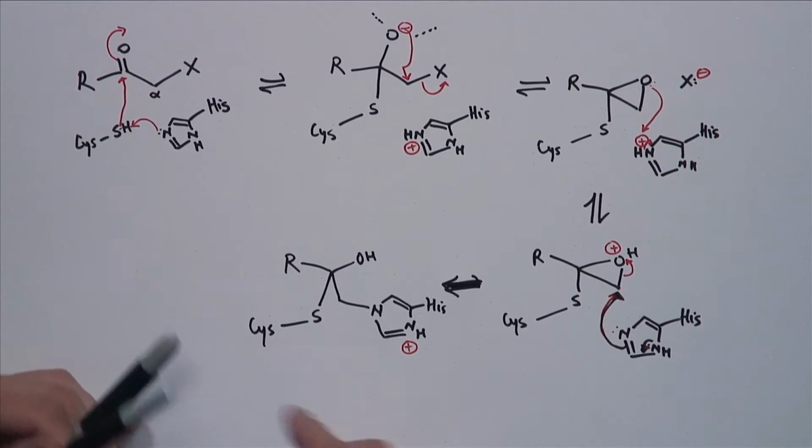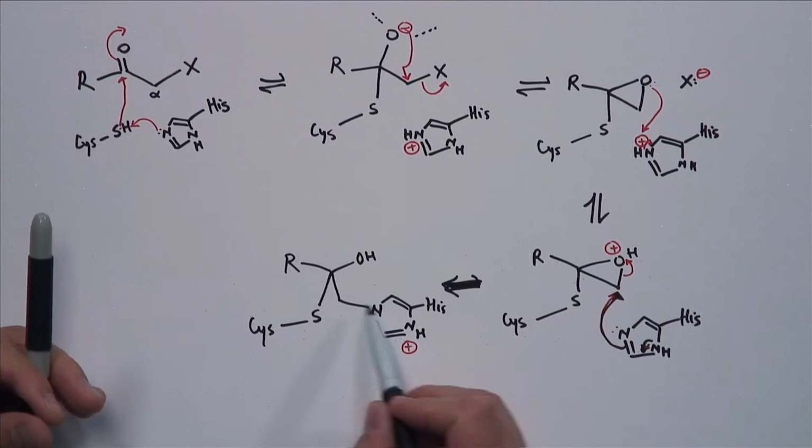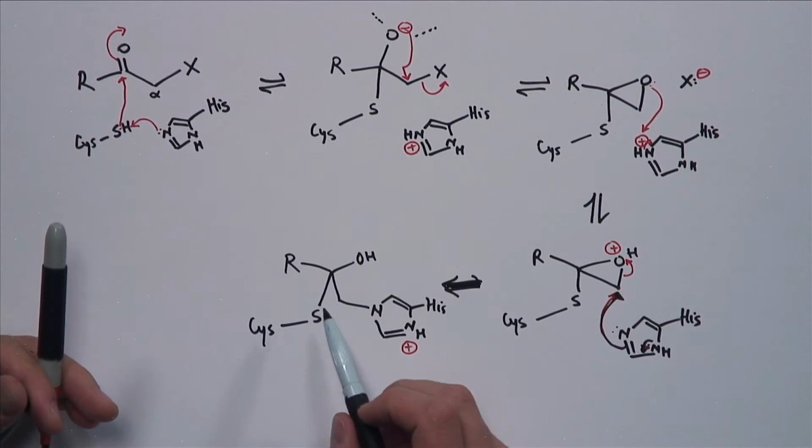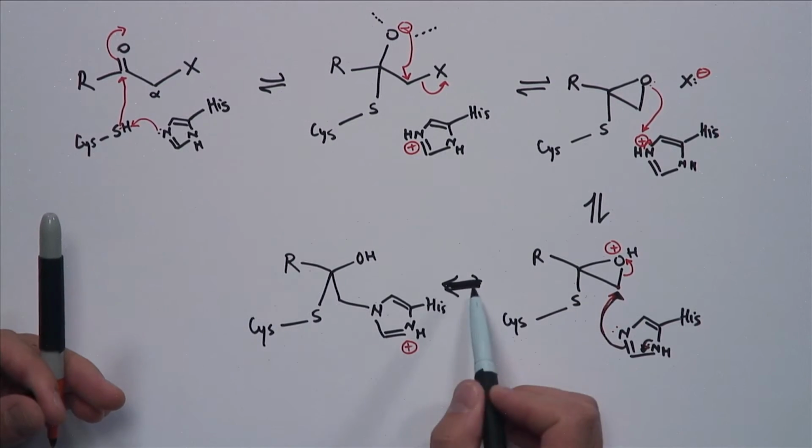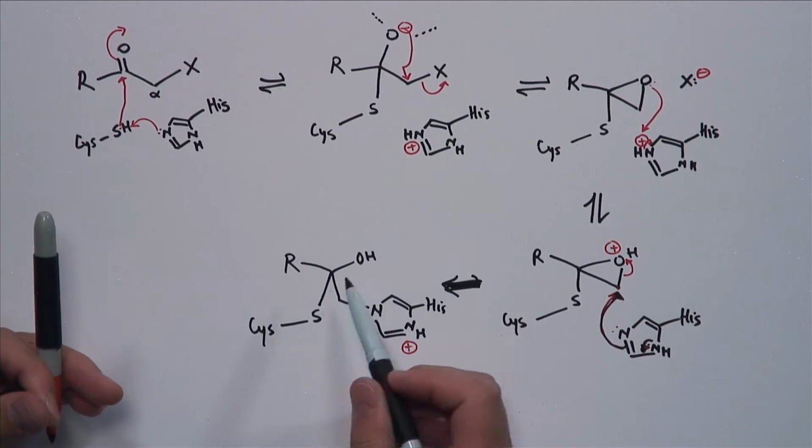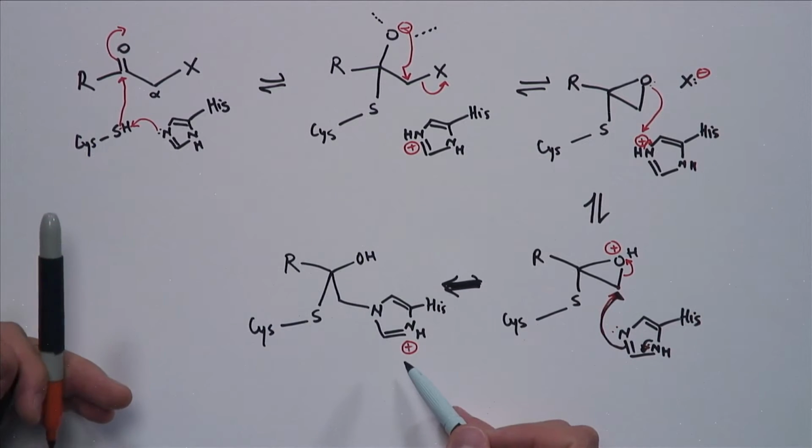So there we have our histidine. Now it's covalently attached to our inhibitor, and this step is in fact irreversible. So this prevents the inhibitor from ever dissociating once this reaction has taken place.